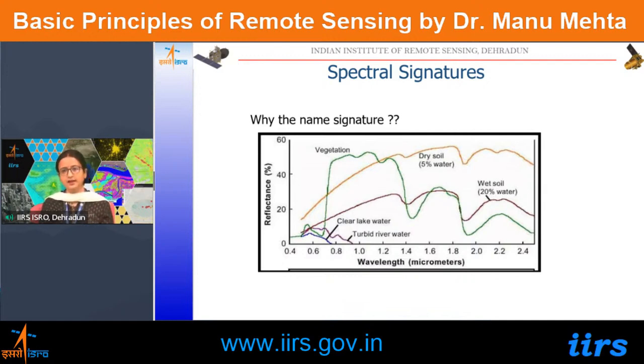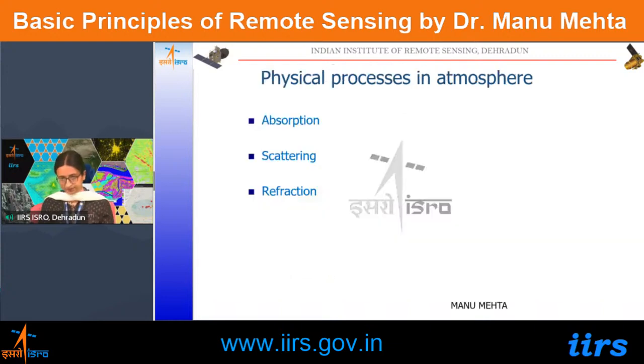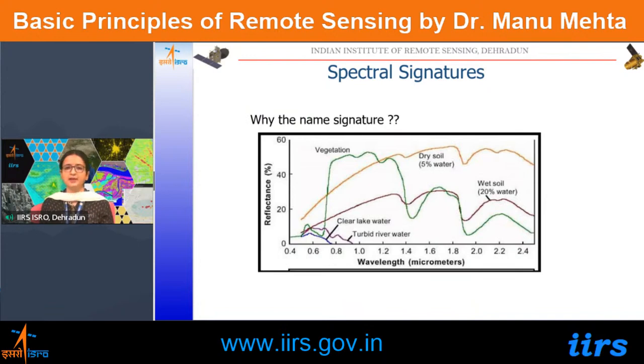You can see here I've plotted the typical spectral signatures for vegetation, for two types of soil, dry and wet, and two types of water, clear lake and turbid river. You can see that different types of features behave differently in different wavelength ranges, so you can identify different features based on their spectral signatures.